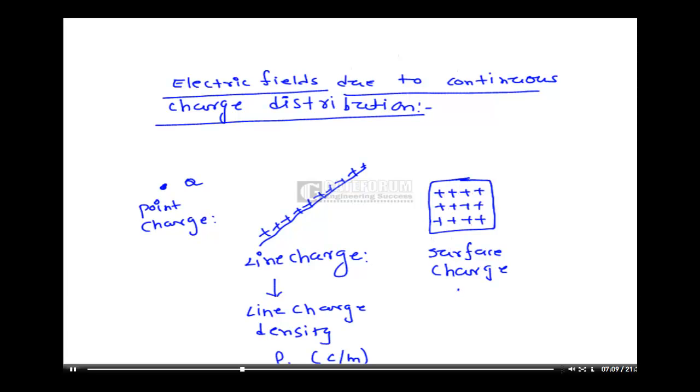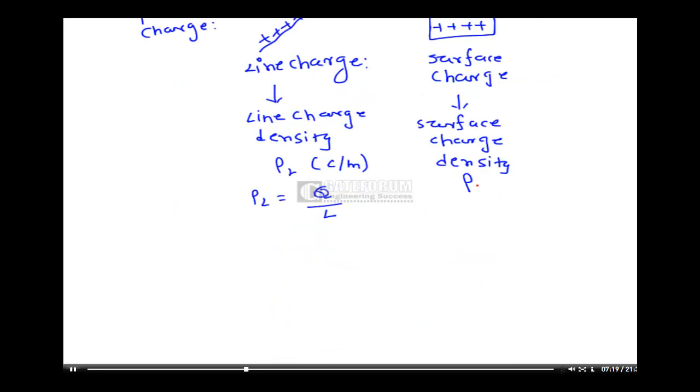Surface charge is indicated with surface charge density, given by the symbol rho s. Unit is Coulomb per meter square. Rho s is equal to Q by A, where A is the area of the sheet.